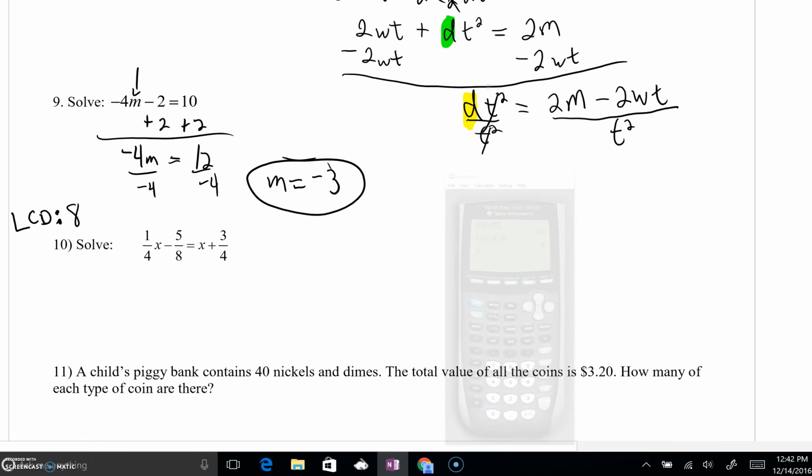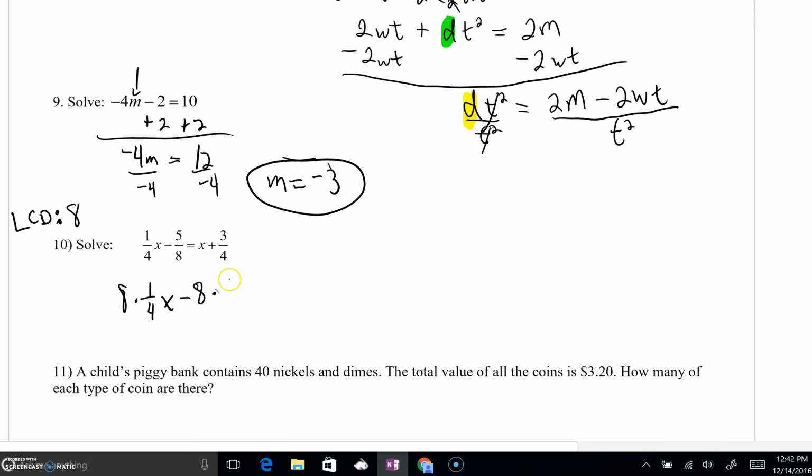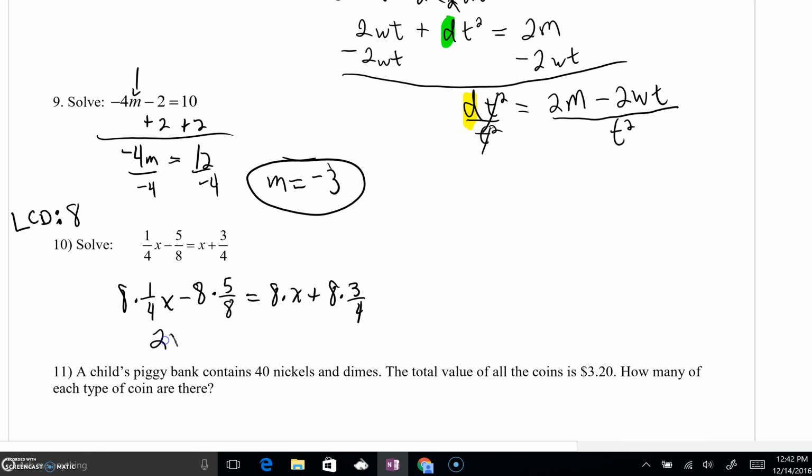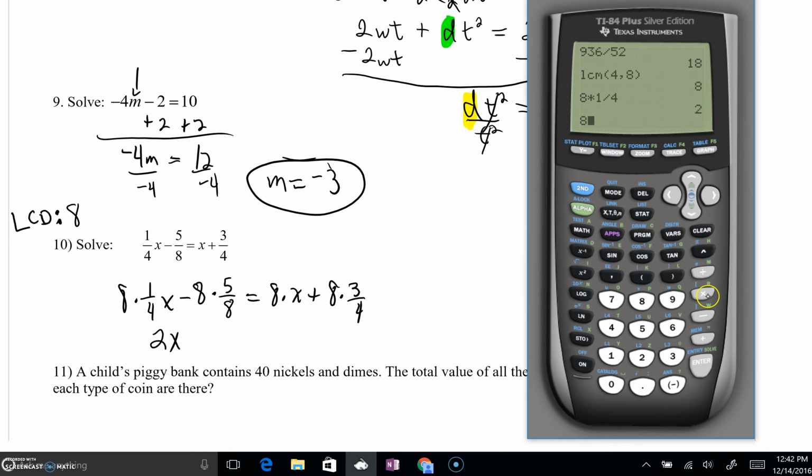Nice way to check. Well, I'm going to multiply every part of the problem here by 8. And this is where you could get some help with the calculator, and that definitely can speed some things up. Look, if you struggle with fractions, though, just want to tell you, take the time to just multiply it through. 8 times 1/4, that's just going to be a 2. 8 times 5/8.